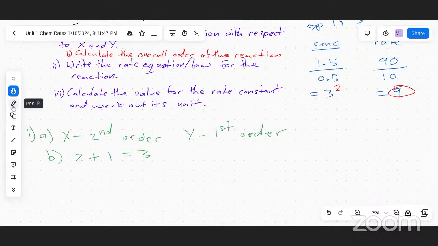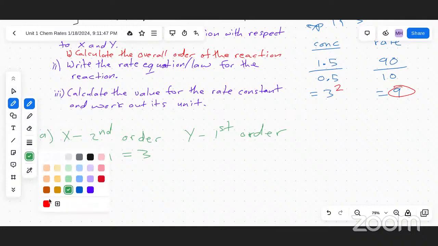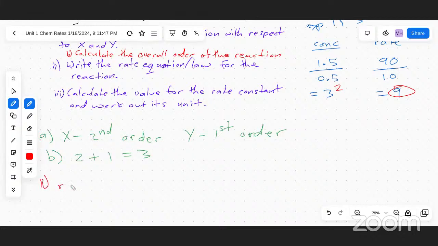Rate equals K times the concentration of X squared times the concentration of Y. All right, that's good. So rate equals K X squared.